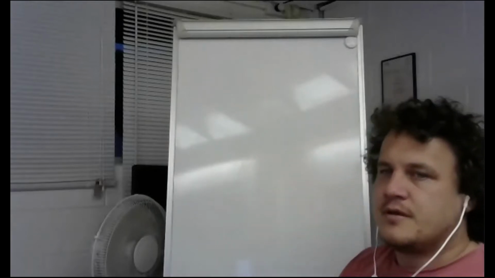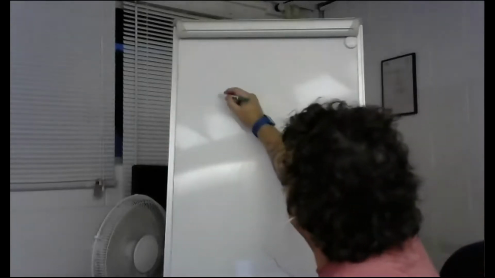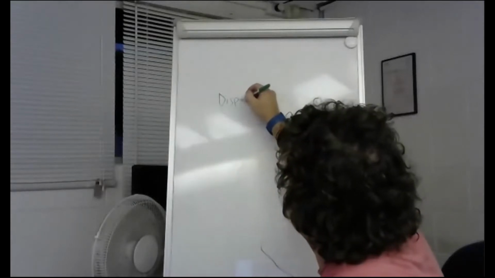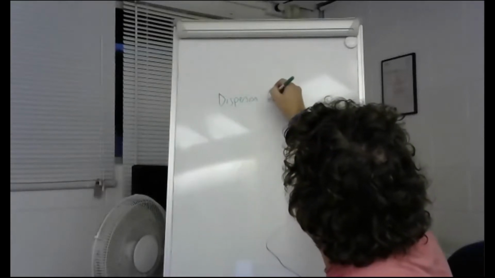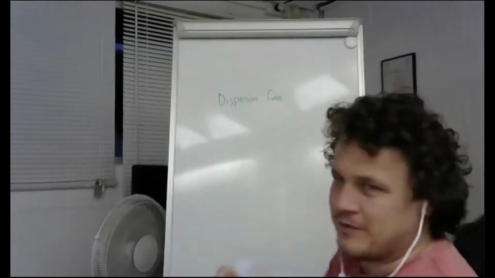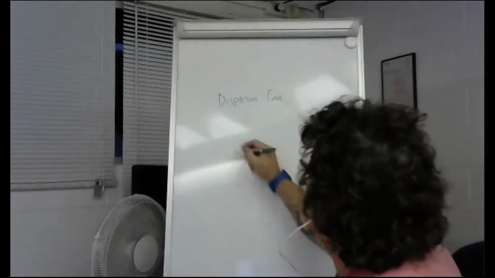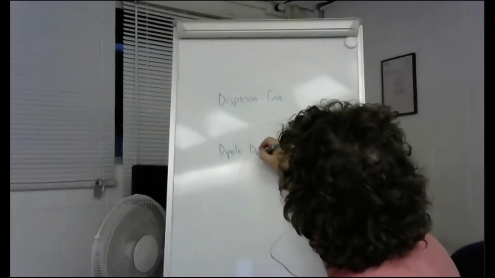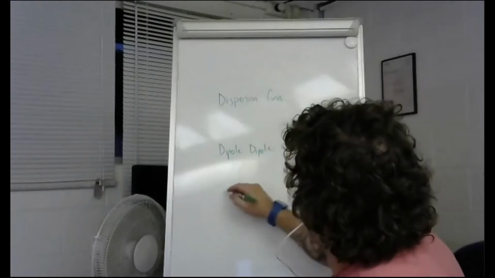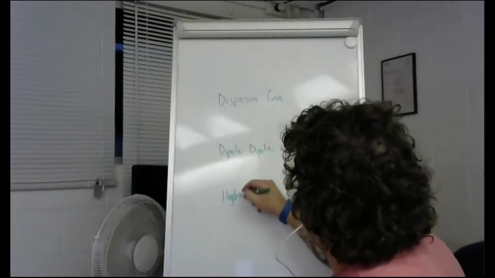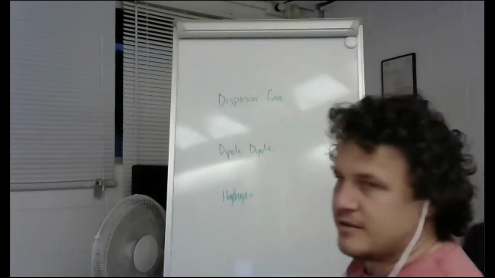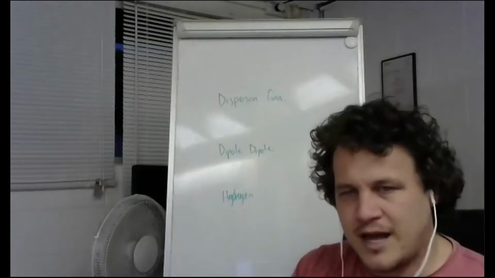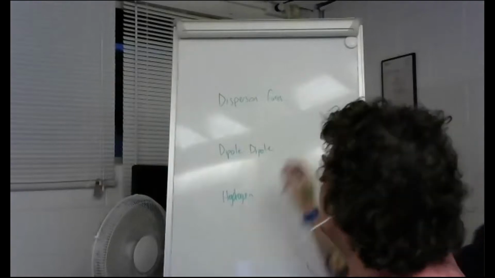All right, 3 intermolecular forces. We have dispersion forces. Am I going over it each week? We'll get faster and faster. We then have dipole-dipole. We have hydrogen. And all of this is because of the difference or lack thereof difference of electronegativity.